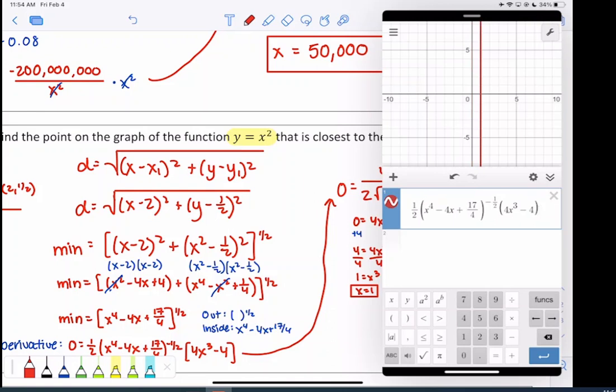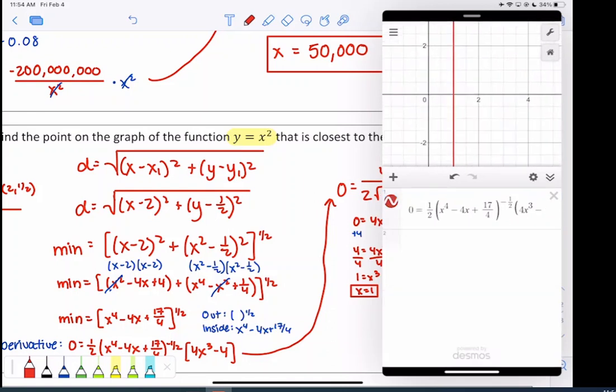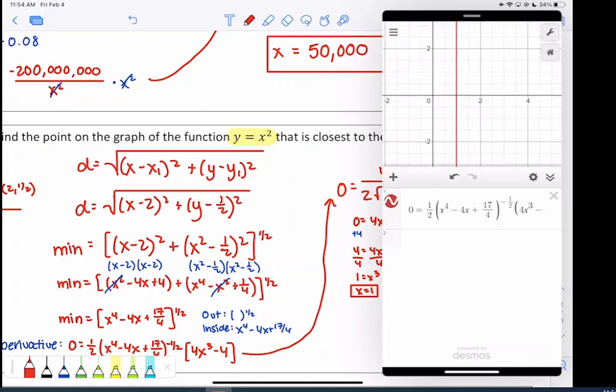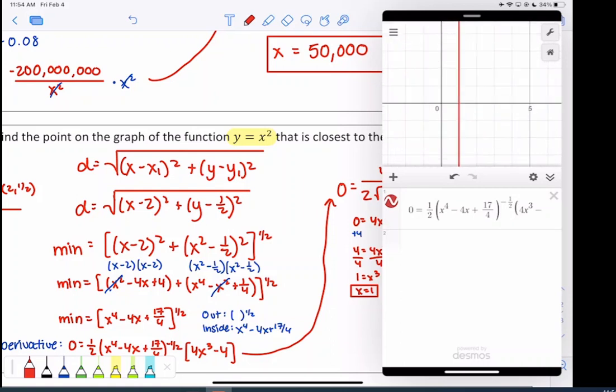Okay, there. So I type this whole thing in, and then wherever your vertical line appears, that's going to be your solution. So in this case, 1, which is great.